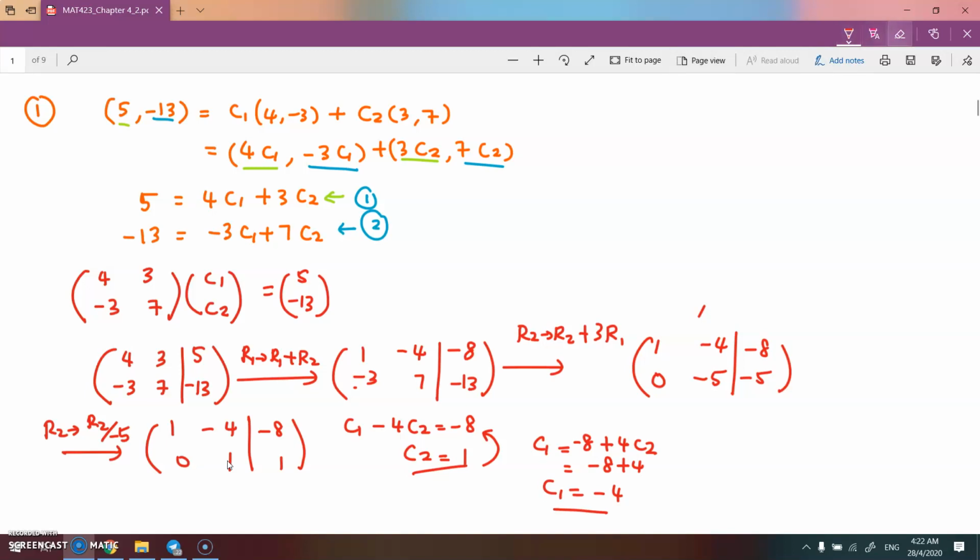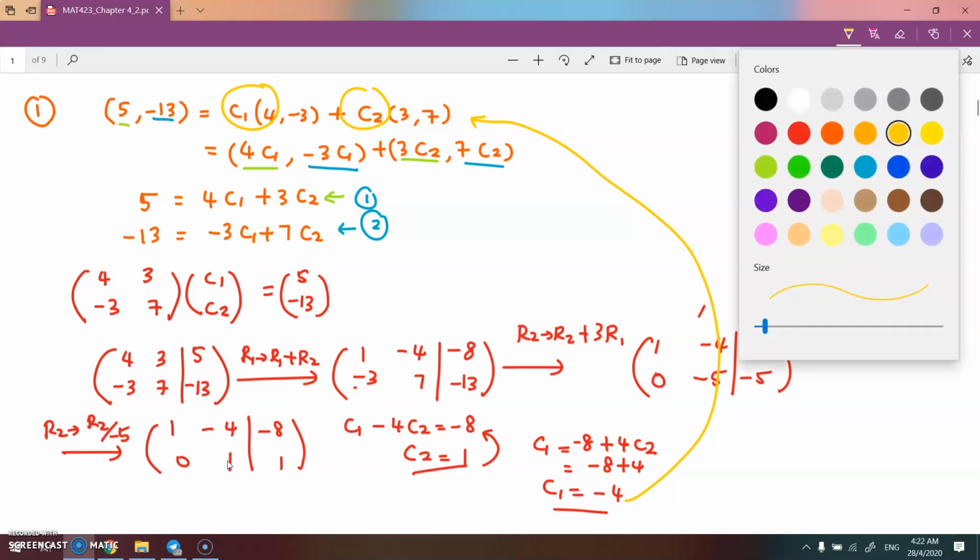Go back to your question, substitute your answer here and show that it is a combination of these two vectors.